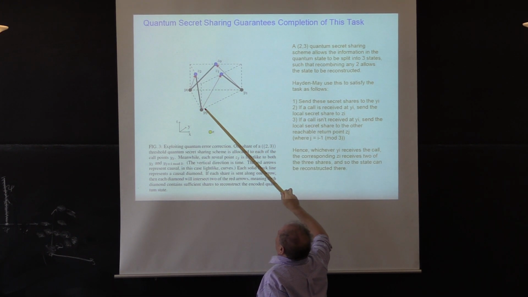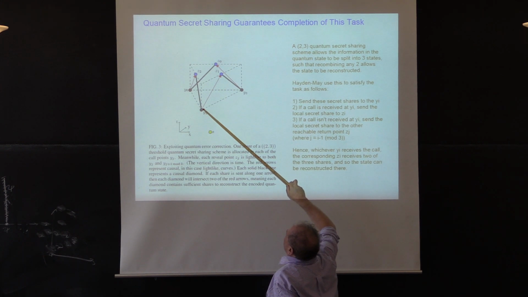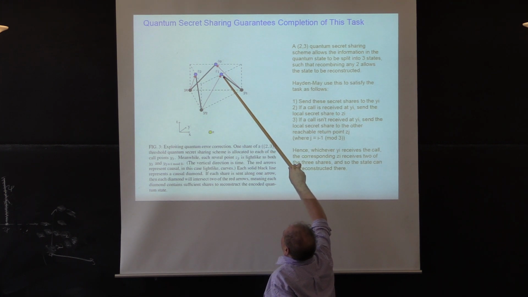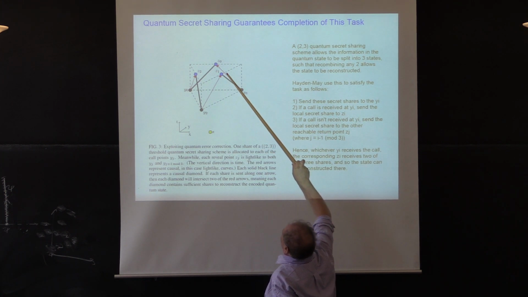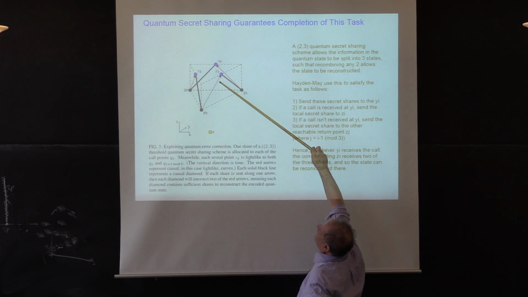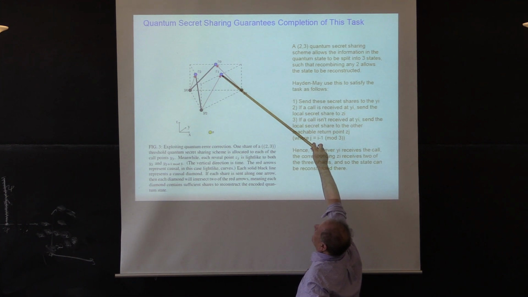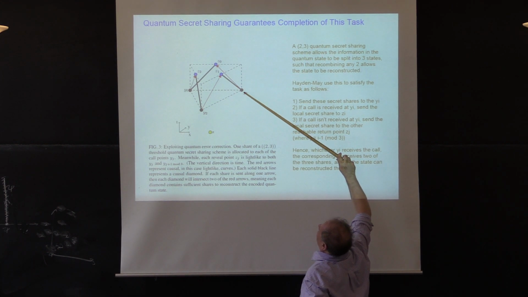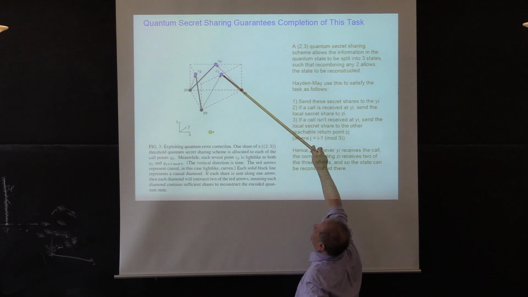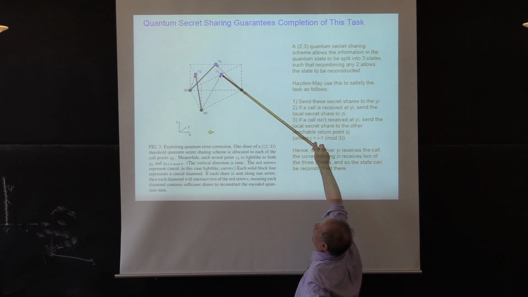So in this case, if no calls come in, a secret will go from here to here, and a secret will go from here to here, and, well, because this is a singular example, it's light-like, but there will be one share of the secret here, and one share of the secret here, and so enough information to reconstruct the state on this surface which is within the diamond.